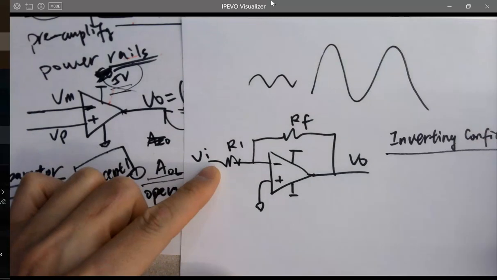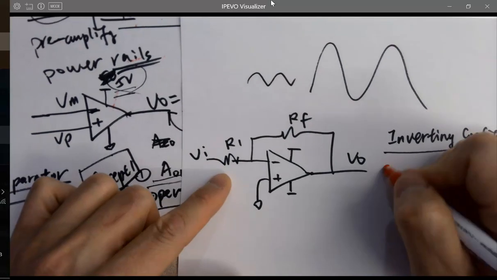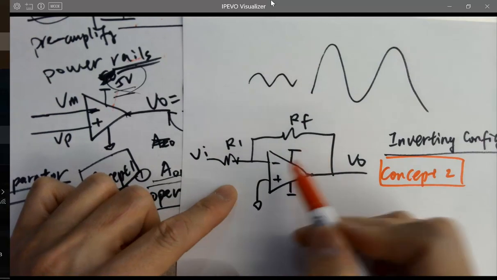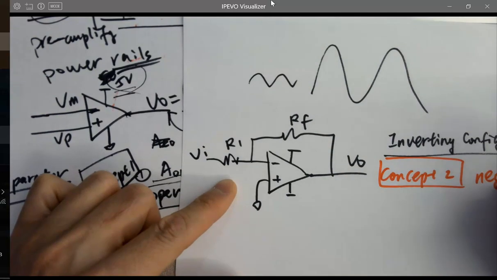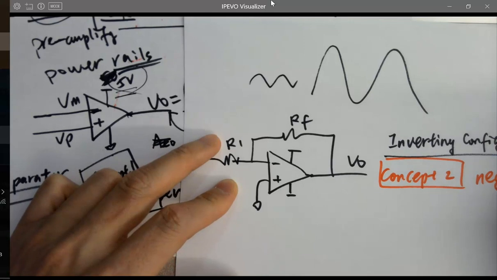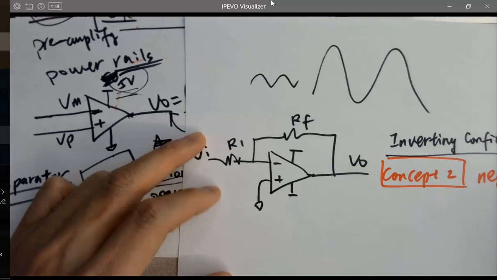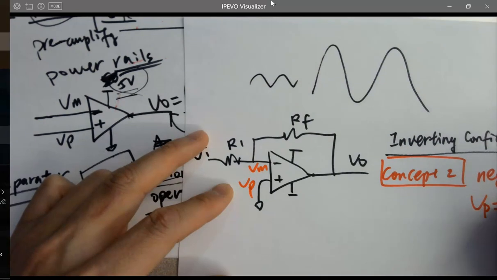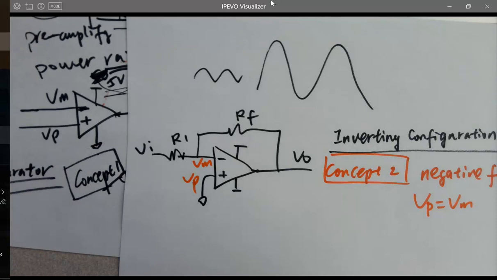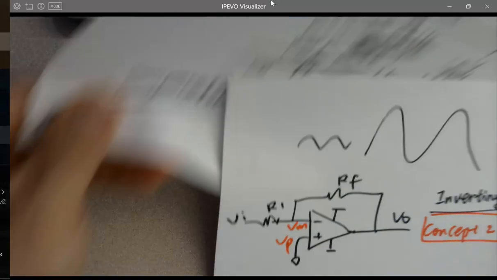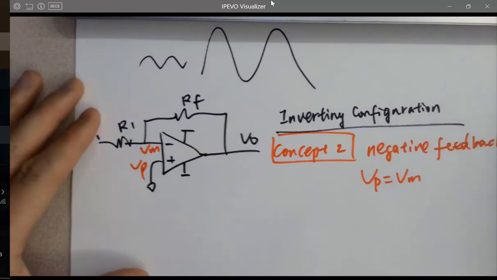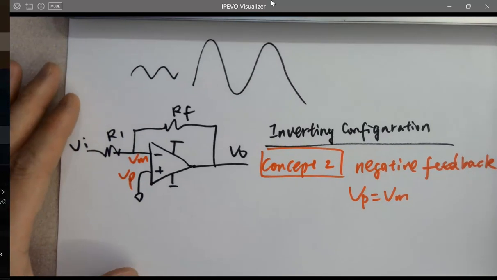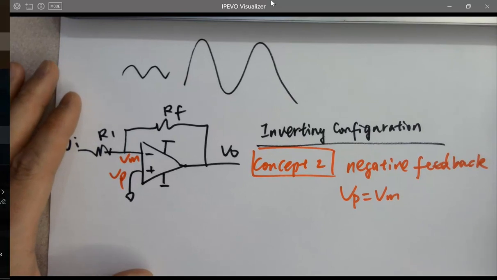The confusing concept number 2: if you have negative feedback, then VP equals VM. Grab 90 from 100 electrical engineering students from CU Boulder, and 90 of them won't be able to tell you why.